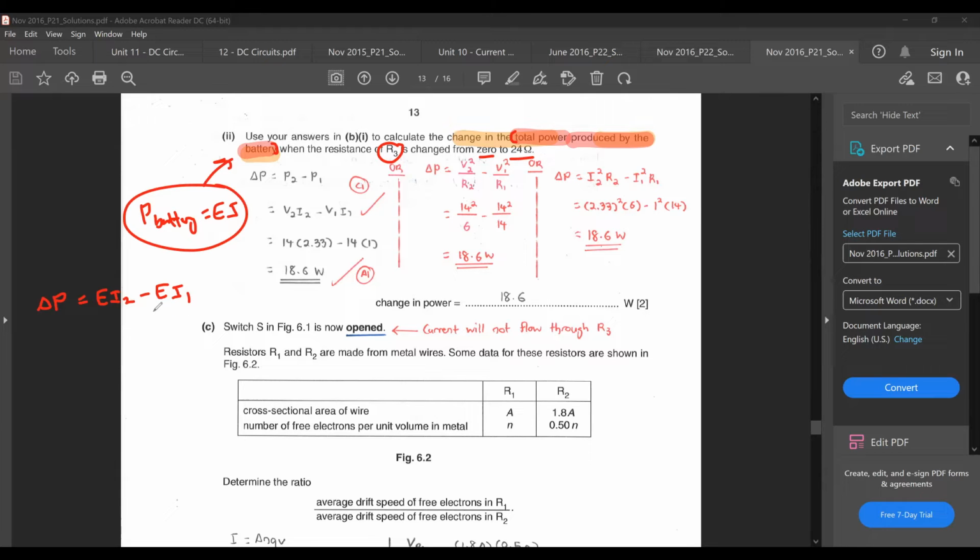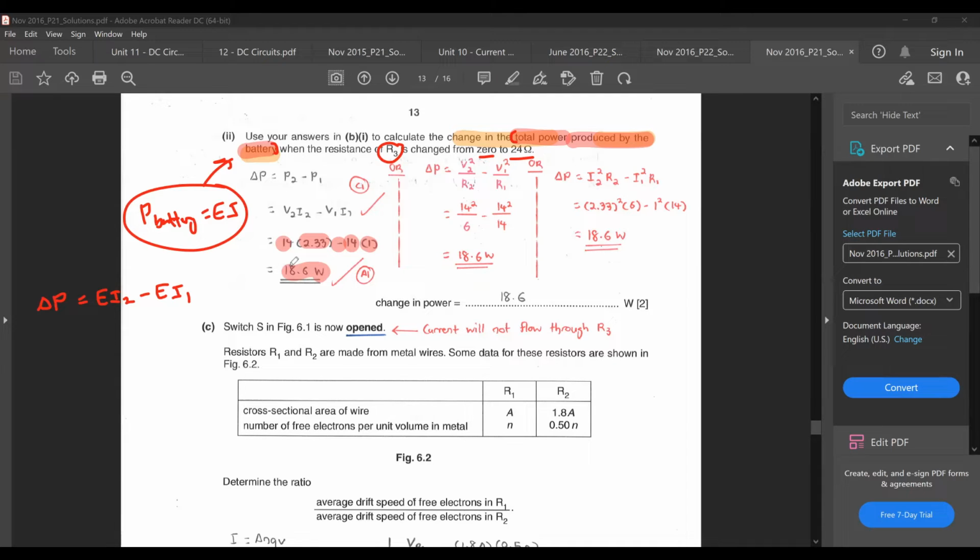You take 14 volts multiplied by one of your currents, 2.33, minus 14 volts multiplied by your other current, 1 amp. You're going to get 18.6 watts.